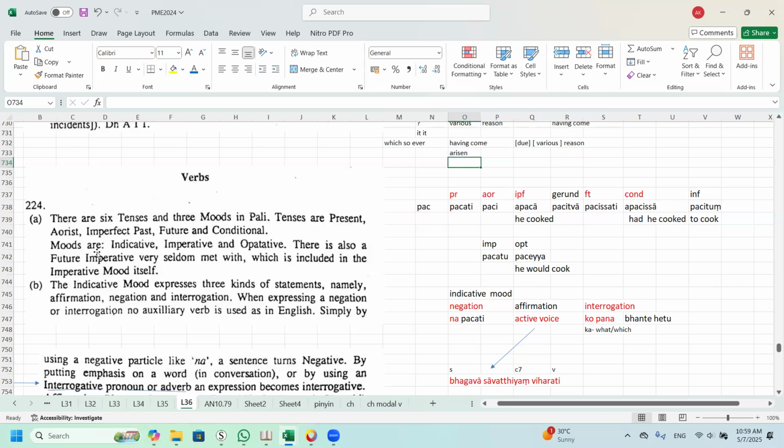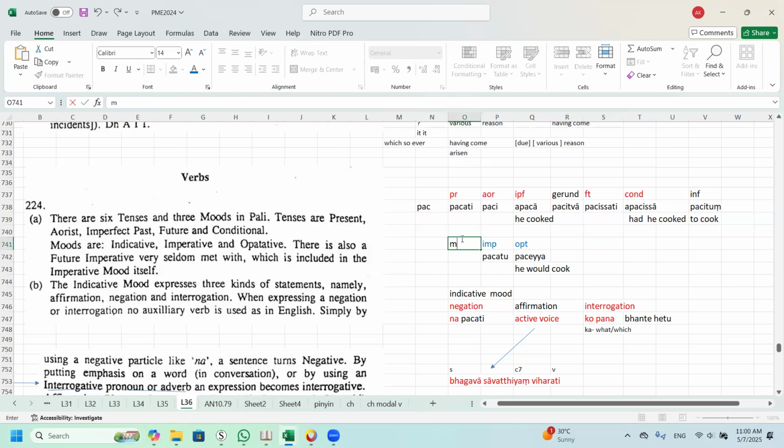Then it comes to mode. So there is indicative, imperative, and optative. Here these two are there. So here imperative, this is mode. This is mode. This is mode.